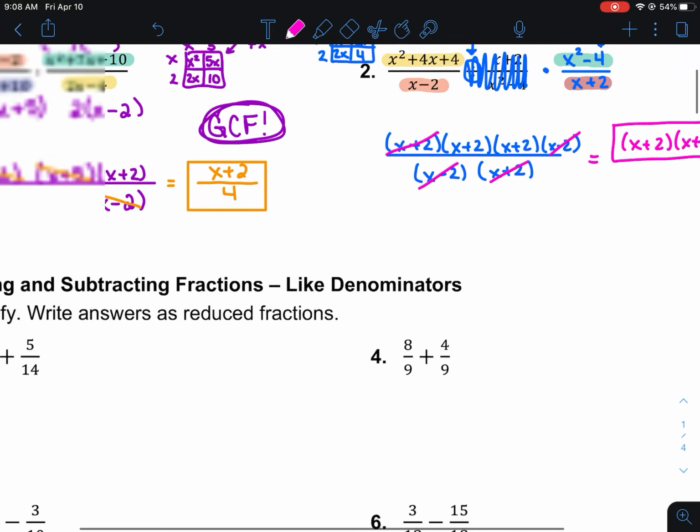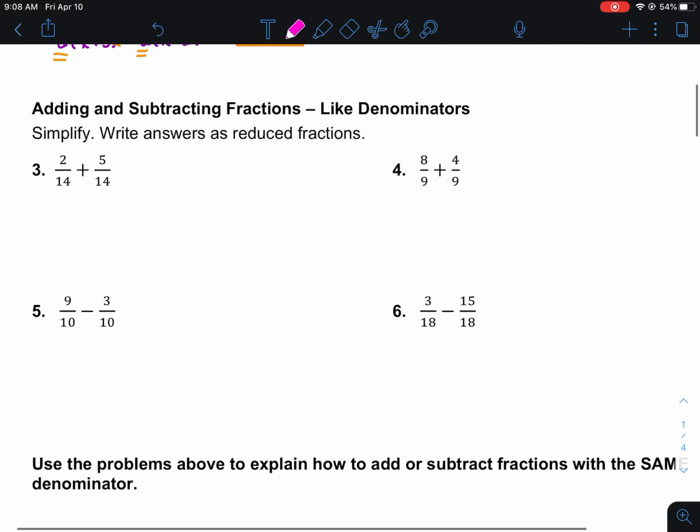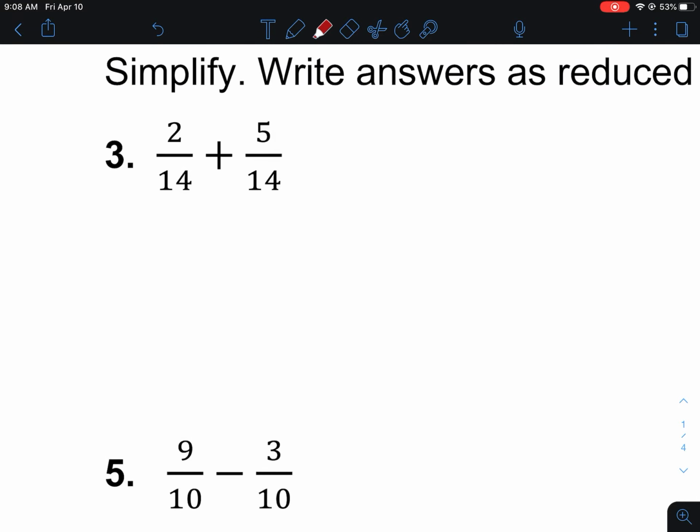All right, so now we're going to move into the new piece, which is adding and subtracting fractions. And today, all the fractions are going to have like denominators, which is what we want. Okay, so you'll notice here our denominators are 14 and 14. As long as our denominator is the same, we can add those.